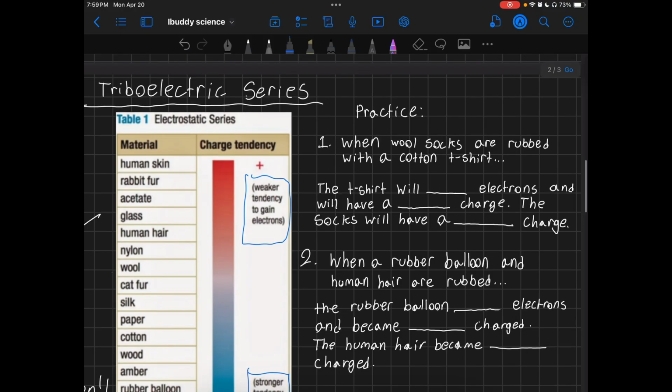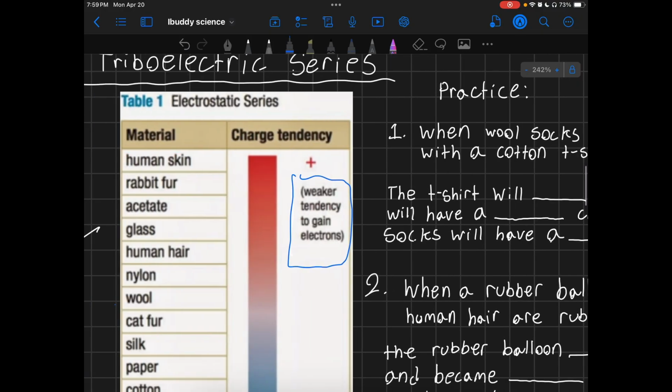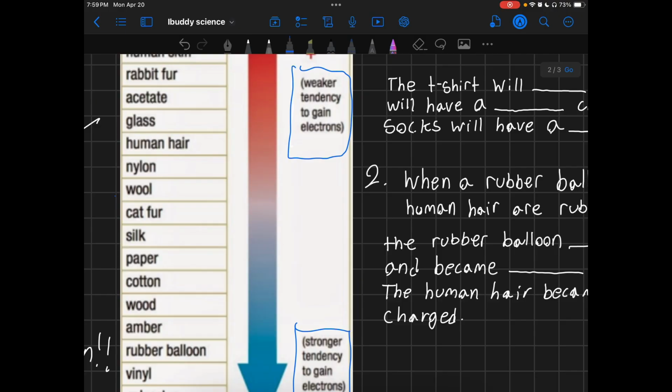Example one: when wool socks are rubbed with a cotton t-shirt. Wool is located right here, and cotton is located right here. As we can see, wool is higher on the table than cotton, and cotton is lower.